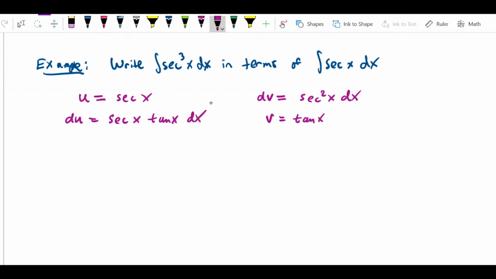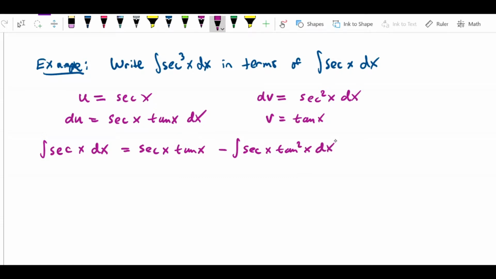Okay, so now what I can do is write the integral of secant x dx equal to uv, so that's going to be secant x tangent x, and then minus the integral of v du. So tan x times secant tangent gives me an integral of secant x tangent squared x dx.